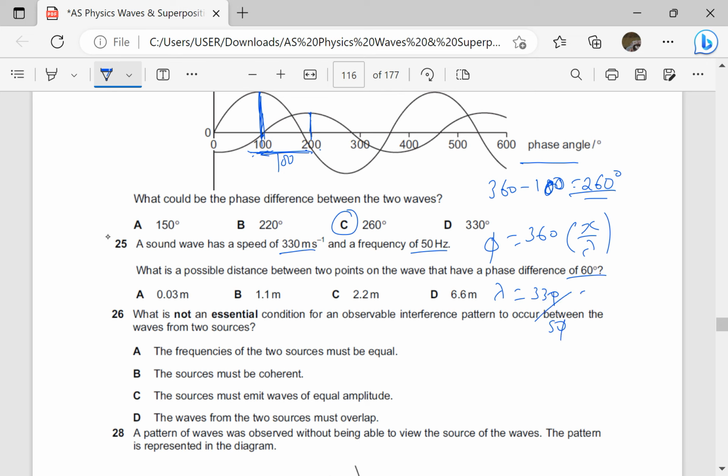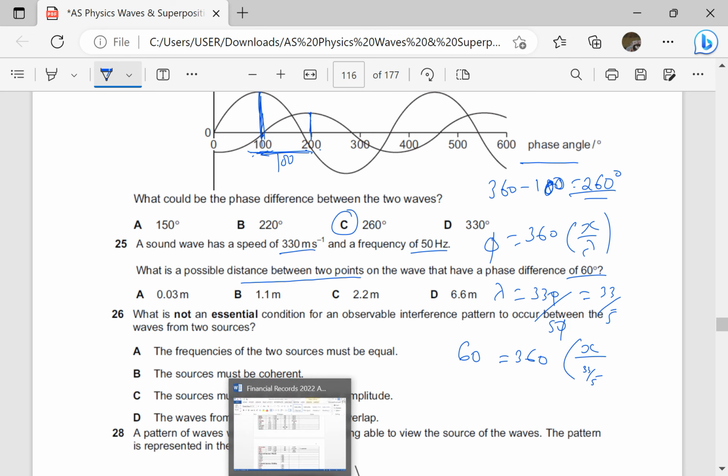So the wavelength is going to be 33 over 5.